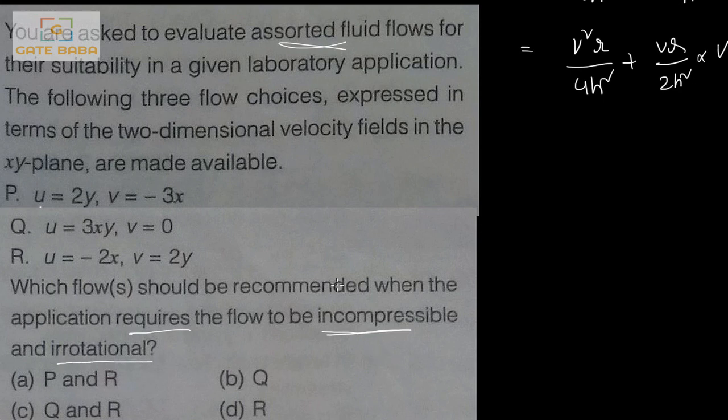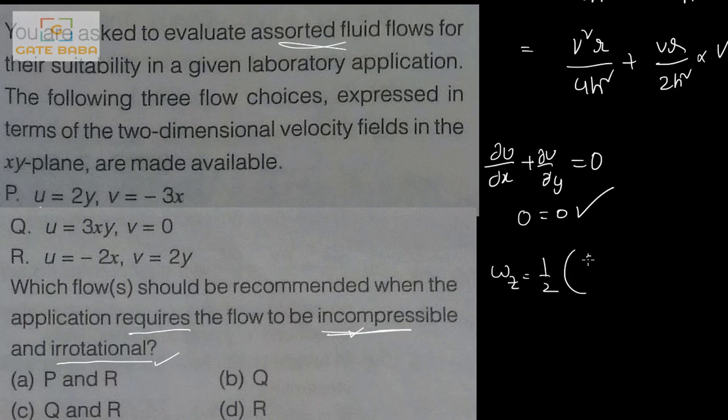How do we check incompressibility? Just apply the continuity equation: dou u by dou x plus dou v by dou y equals 0. If it comes 0 equals 0, that is okay, you can select that flow. And for checking irrotationality in a two-dimensional flow, just check omega z, that is 1 by 2 of dou v by dou x minus dou u by dou y, the angular velocity with respect to the z axis.